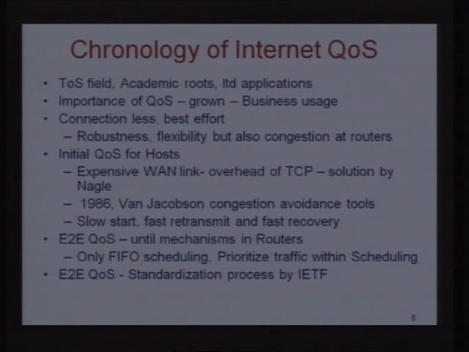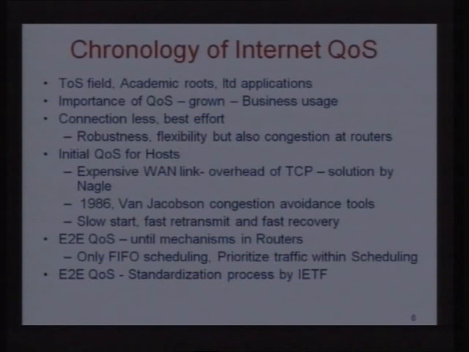Slow start, fast recovery and fast retransmission were some of the mechanisms used by researchers for ensuring quality of service. All these efforts did not allow end-to-end quality of service until the routers, which are an important component in the networks, were taken into consideration.